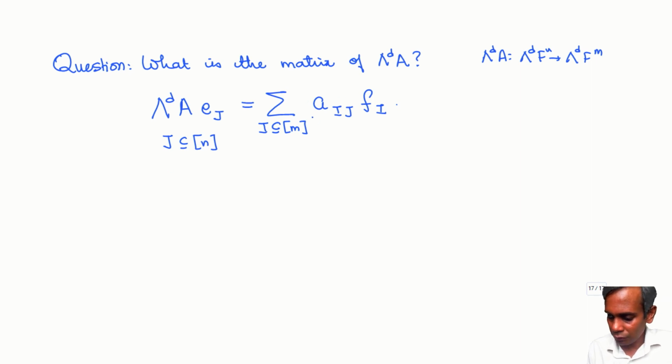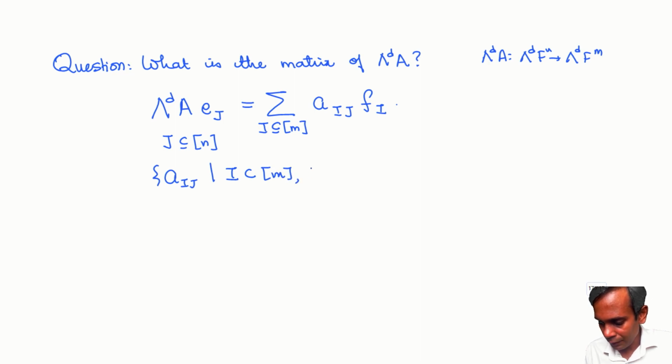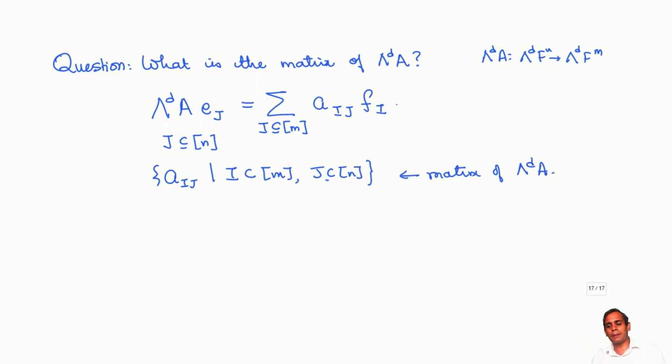This system of constants a_IJ, indexed by I subset of m and J subset of n, I'll refer to as the matrix of wedge^d A. If you somehow order the subsets of m and the subsets of n, where the size of I is d and the size of J is d, so you take all the subsets of size d and order them somehow, then you can really write this as a matrix whose number of rows will be m choose d and number of columns will be n choose d.